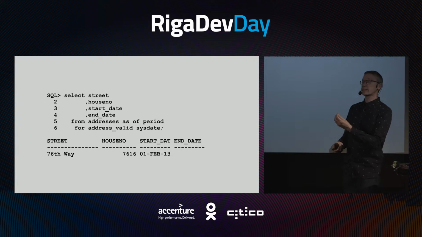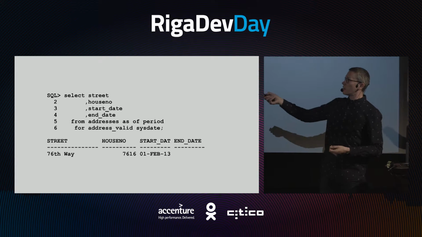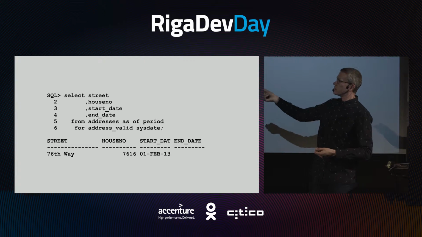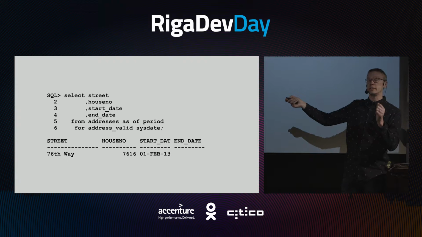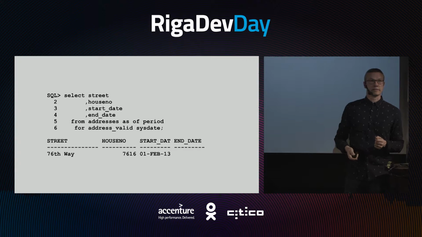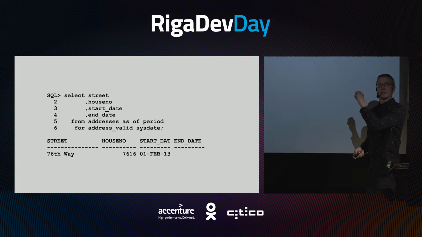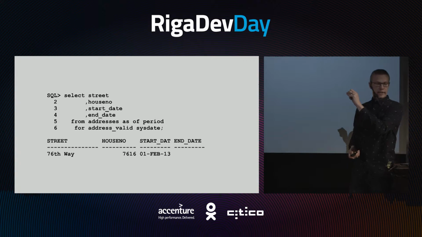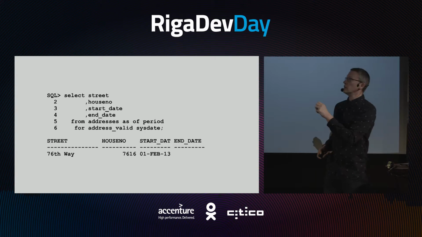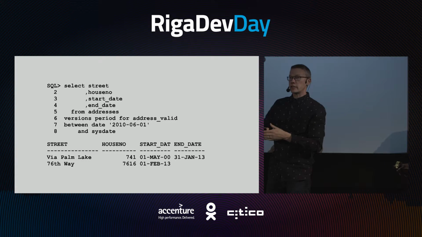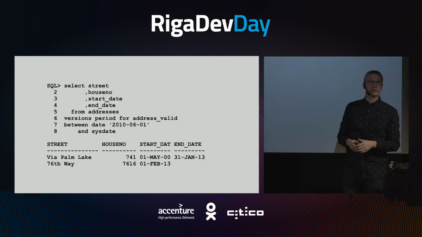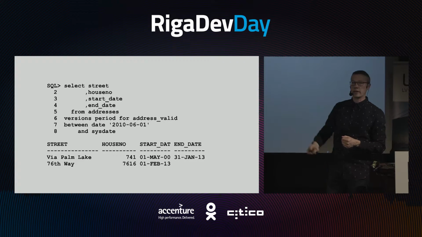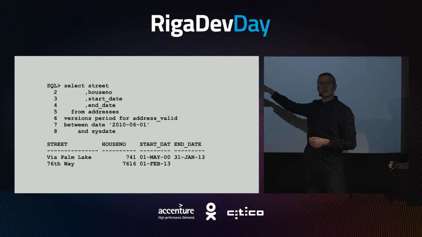You can ask Oracle, I want to see my addresses AS OF PERIOD FOR the name of your validity period, based on sysdate, and it will only return the row that's valid now. You can also specify, what were my versions between June 1st, 2010 and today? Those were current at that time.